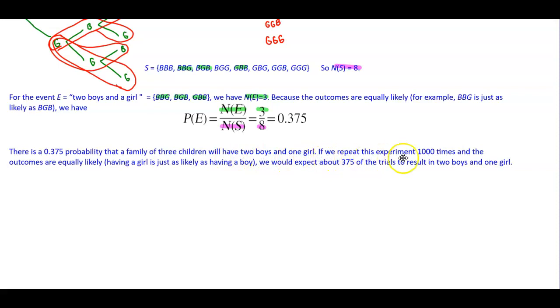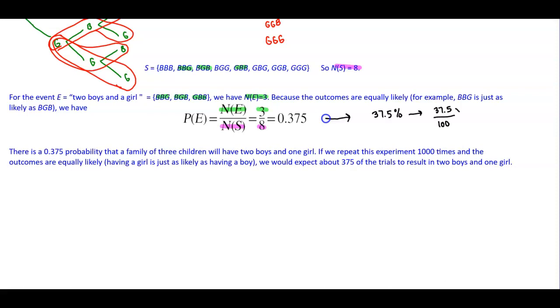Now, if we repeat this experiment 1,000 times and the outcomes are equally likely, having a girl is just as likely as having a boy, we would expect about 375 of the trials to result in 2 boys and 1 girl. Okay, now the way to look at this is that if I convert this to a percent, this would be 37.5%. And so writing this as a fraction is 37.5 divided by 100, because that is parts per 100.